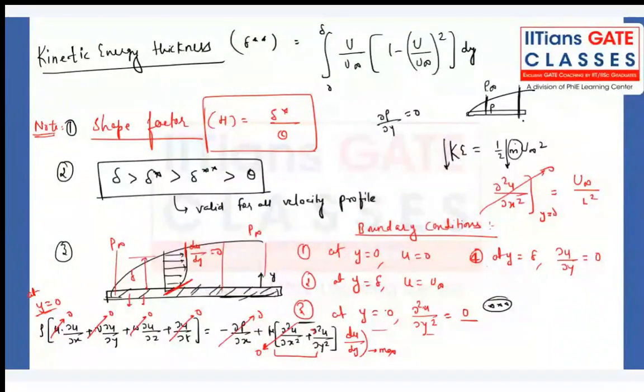Here also, whatever the P is, the same will be P infinity. Right? Dou P by dou y will be 0. And flow over the flat plate means dP by dx will be 0. There will not be any pressure variation because all around we have P infinity. Understanding what I'm saying? Tell me, guys.